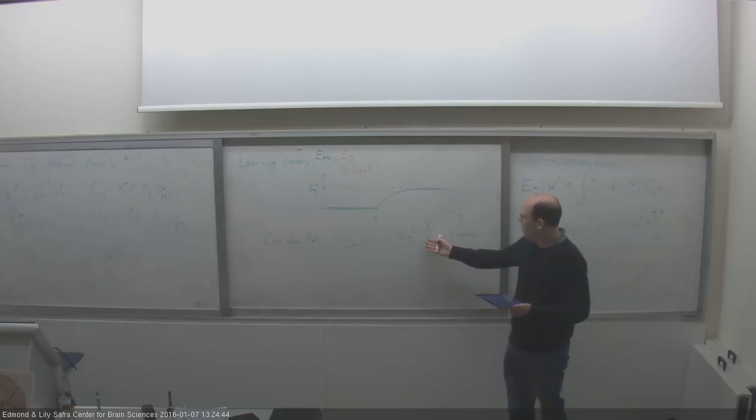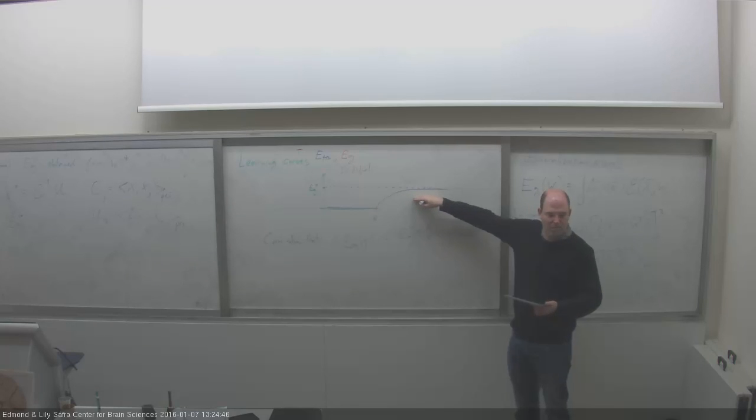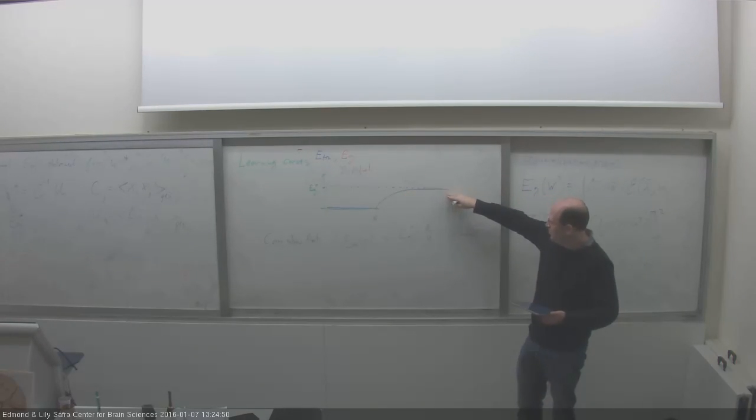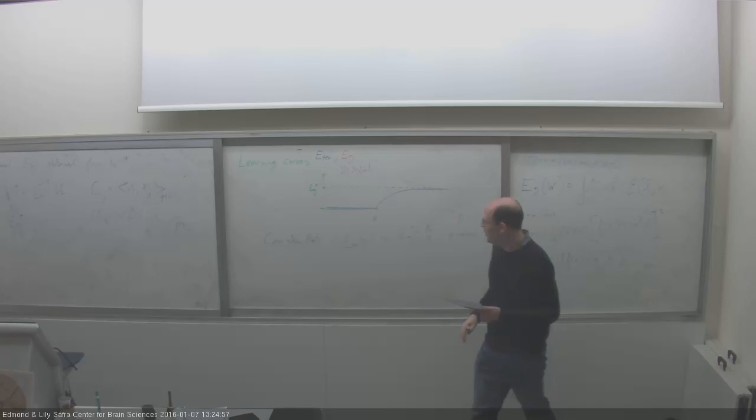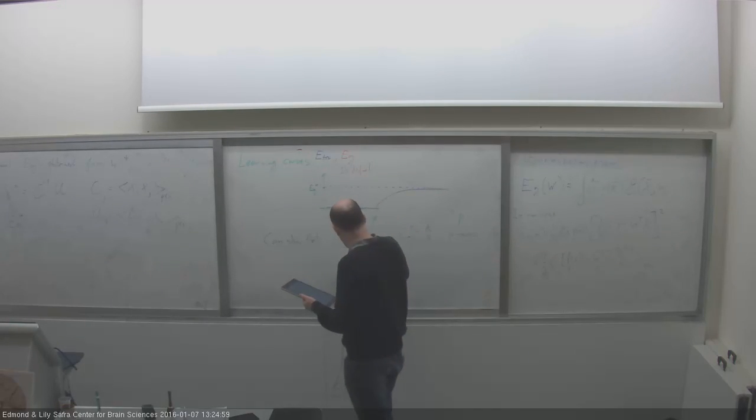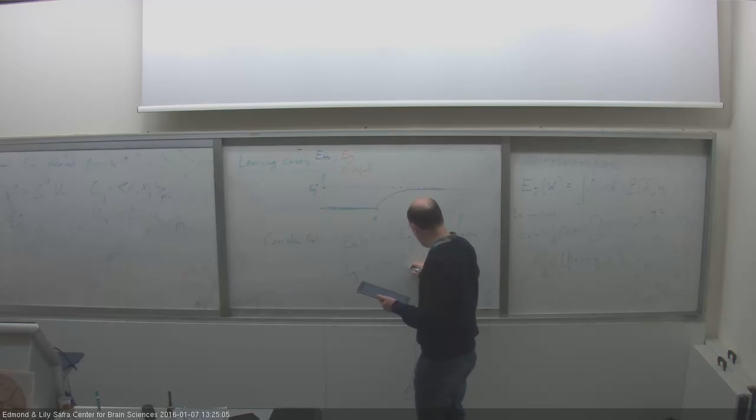So this tells us how fast the training error approaches E_G star when P goes to infinity. It goes like 1 over P. And more importantly, the generalization error also has this structure. In fact, it also goes like A over P for large P.